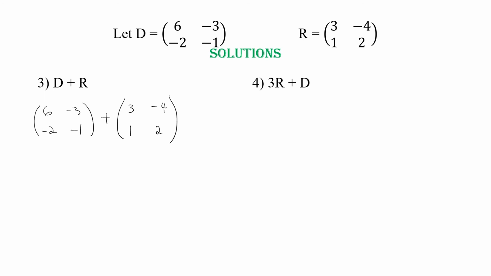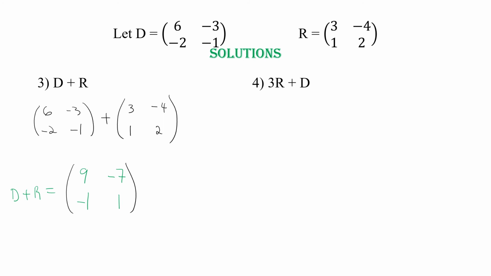When we add those two matrices, we will end up with 6 plus 3, that is 9, minus 3 plus minus 4, that's actually minus 7, minus 2 plus 1, that is actually minus 1, and then we have minus 1 plus 2, and that's actually just 1. And this result here is actually D plus R. That's equal to this. Good.